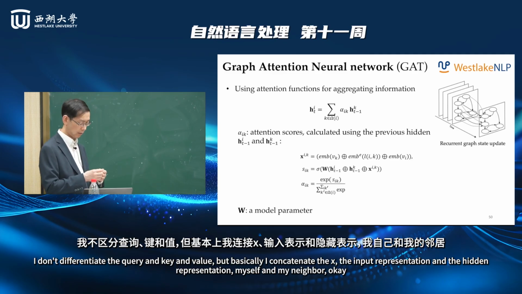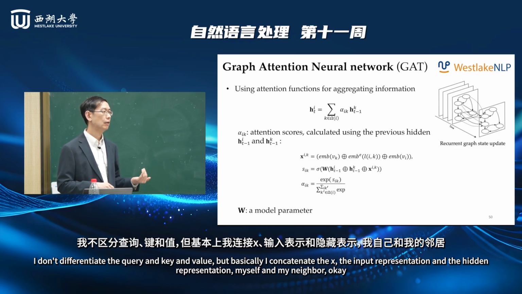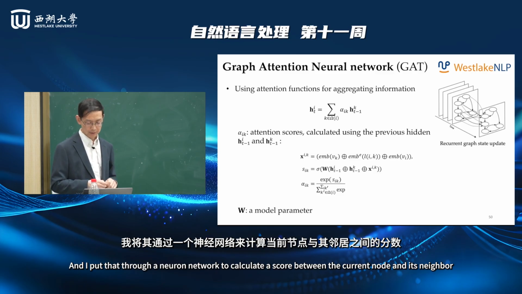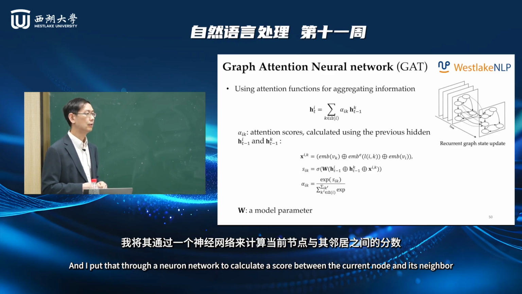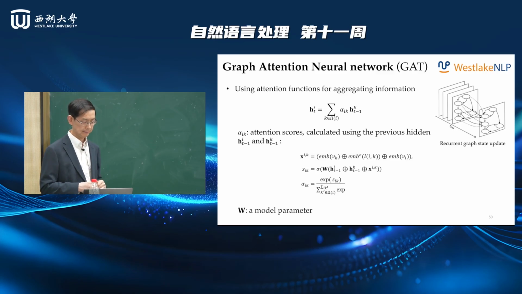I don't differentiate the query and key and value, but basically I concatenate the x, the input representation, and the hidden representation of myself and my neighbor, okay? And I put that through a neural network to calculate a score between the current node and its neighbor. And then I use a softmax function to normalize the scores, and I get these attention weights.